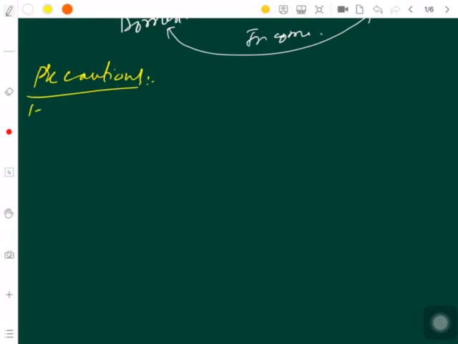Number one, we will have to take only factor incomes. Only factor incomes which are earned by rendering productive services. Okay, I'll write it for you people.